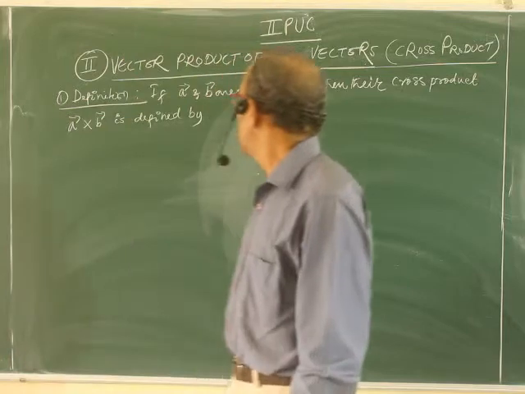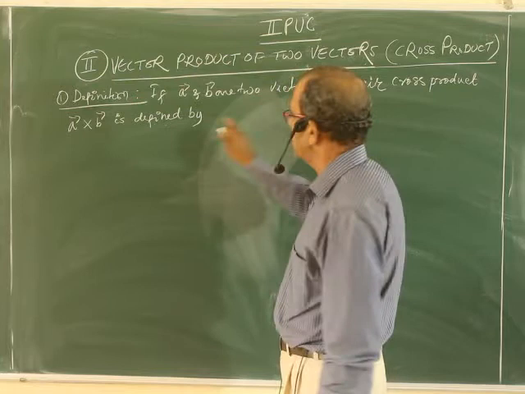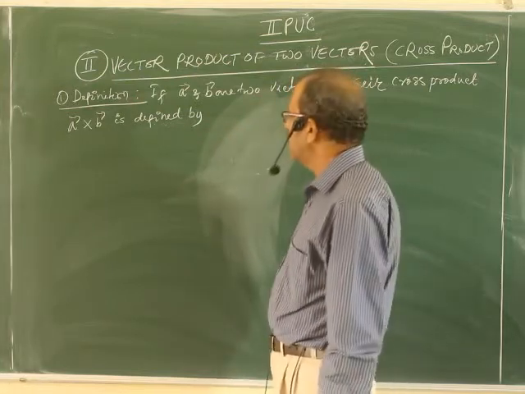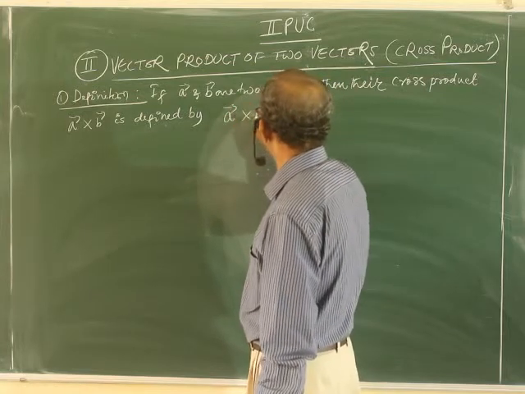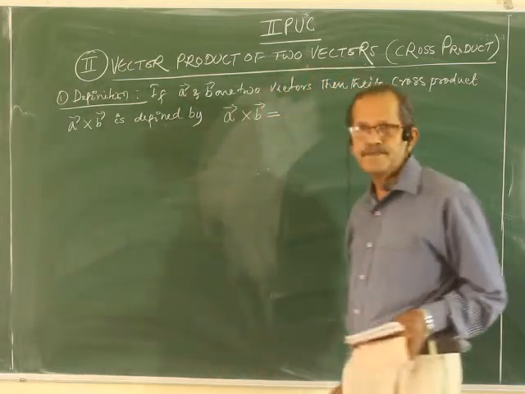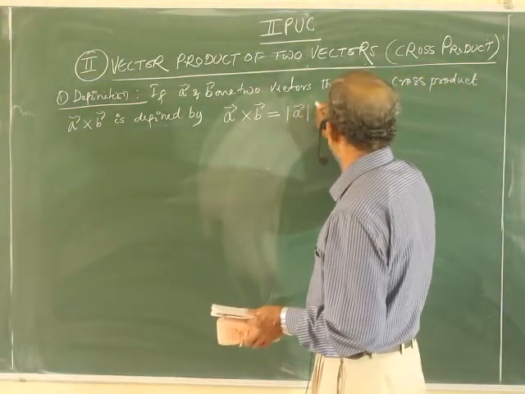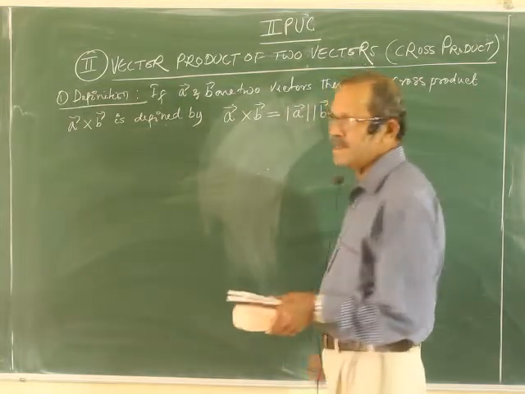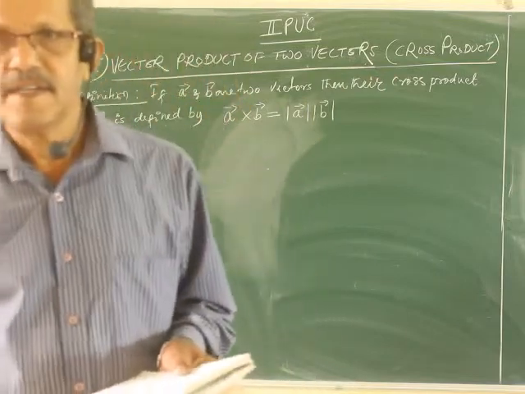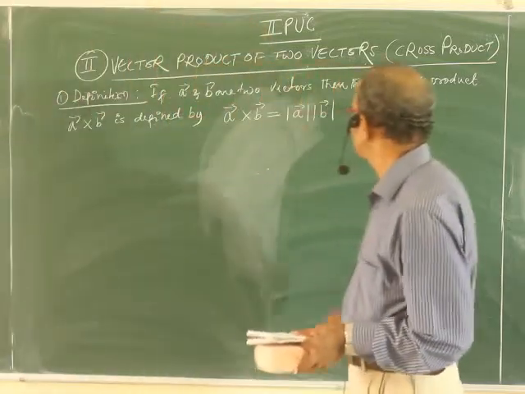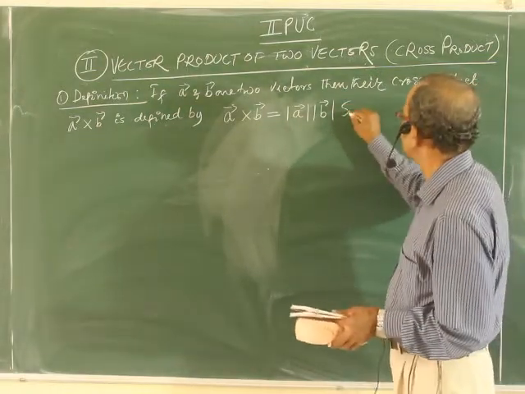Here also, definition: A and B are two vectors, then their cross product A cross B is defined by A cross B equal to mod A mod B. Now, in the previous case it was mod A mod B cos theta, but here it is sin theta.